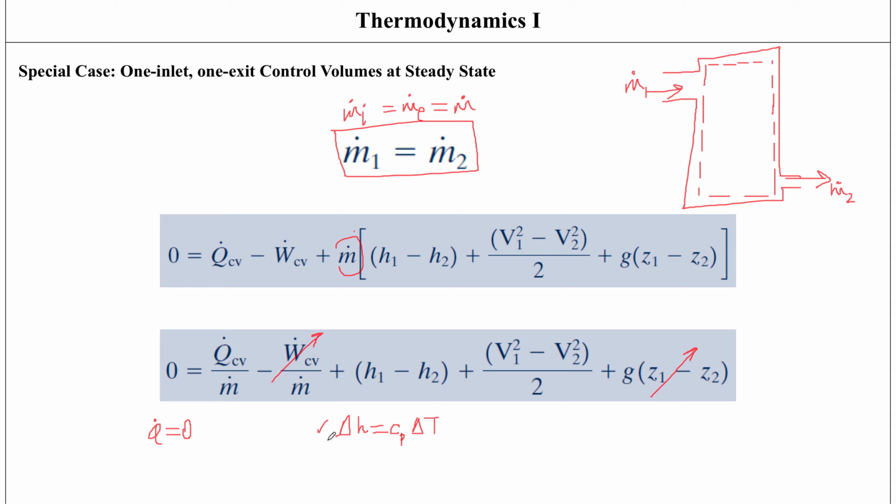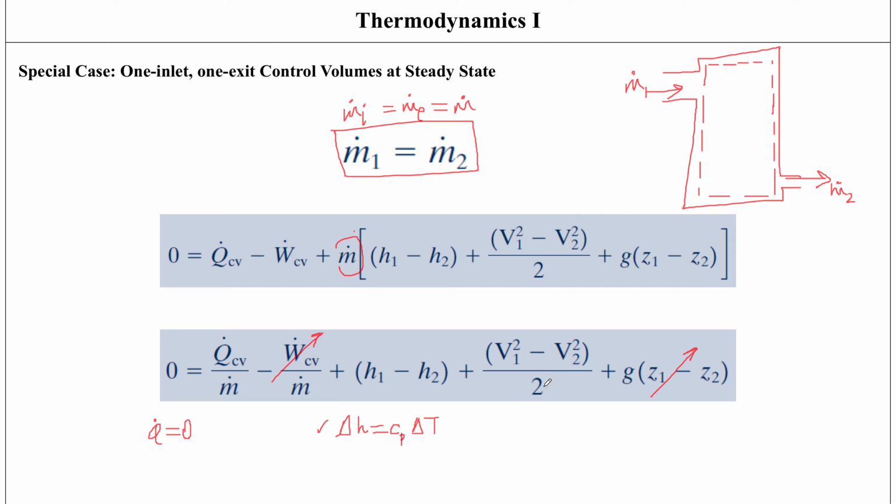For fluids, otherwise, we look at thermodynamic tables. Kinetic energy changes, again, could be neglected in some cases. In other cases, they're not neglected. So it depends on what kind of system we're looking at.